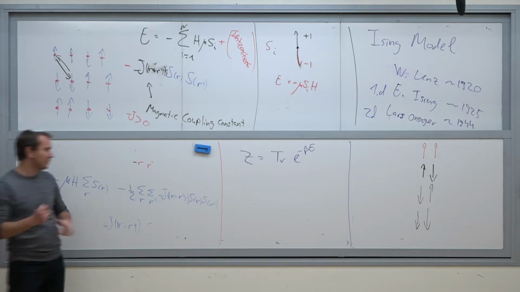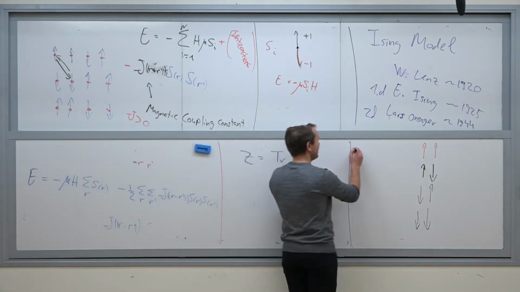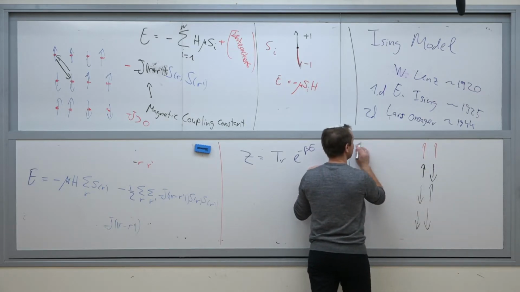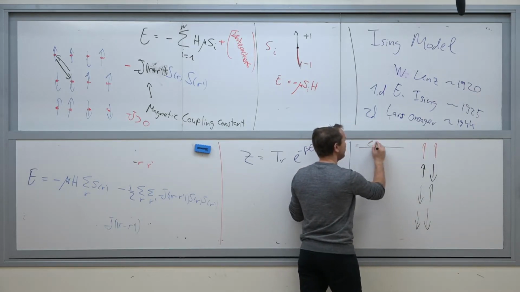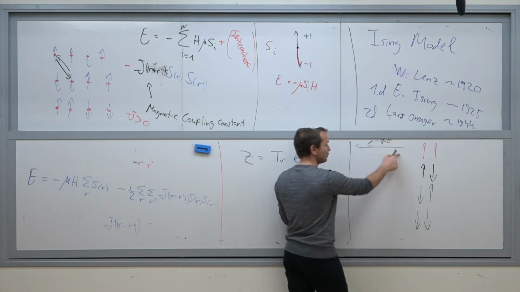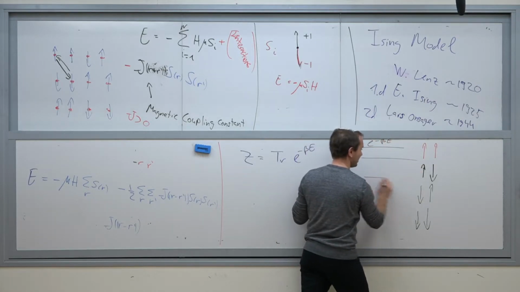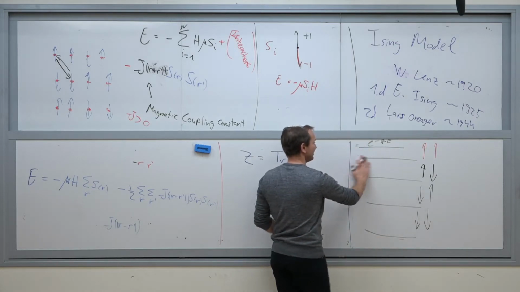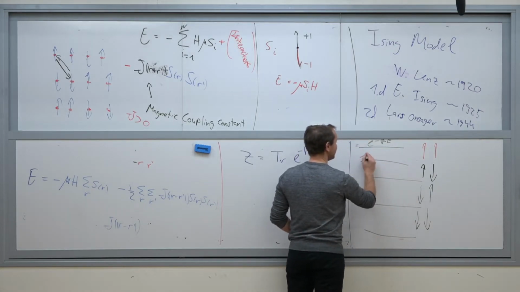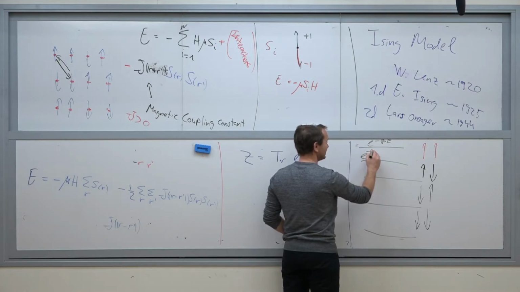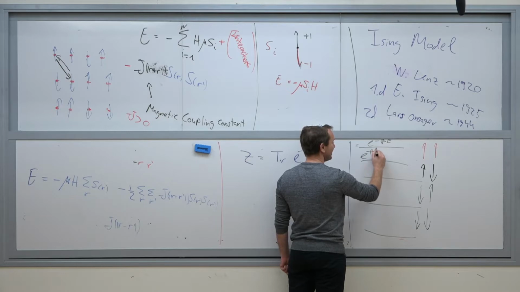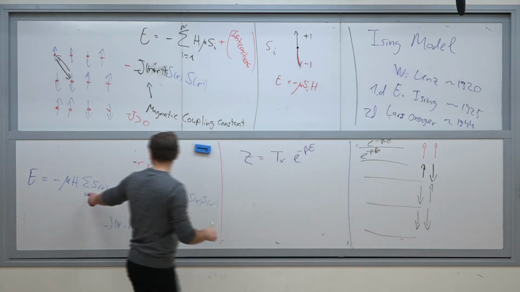Let's write it down. So for this state, I write here e to the minus beta E, for each of the 4 different ones. So for this state, it's e to the power minus beta, and inside, instead of E, I'm writing this down.